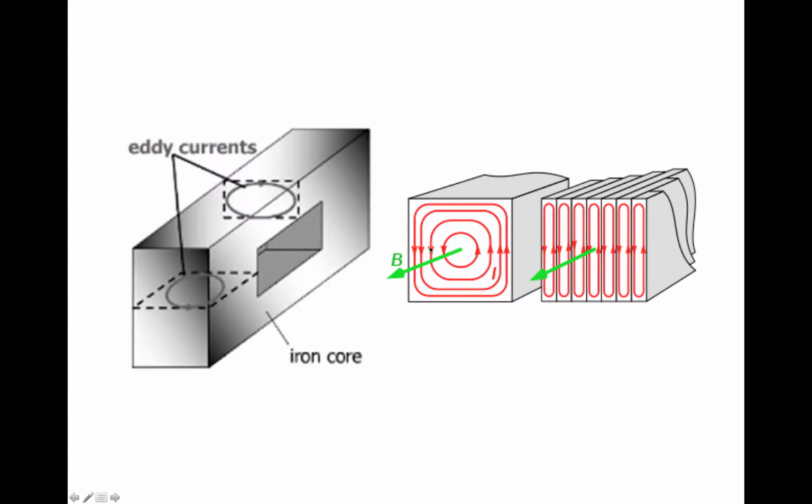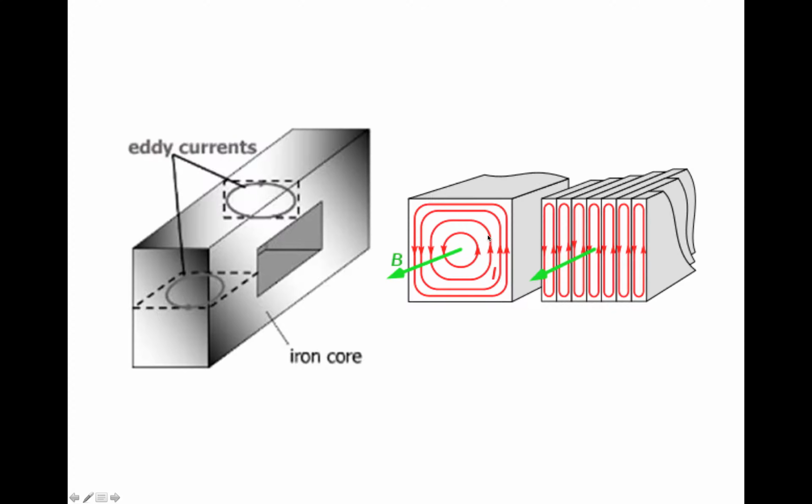So the power equals current squared times the resistance. Because you have eddy current, and because you have resistance inside the transformer core, you're going to dissipate power, and that power equals the strength of the eddy current squared times the resistance of the transformer core. Which can be quite significant if you don't do something.